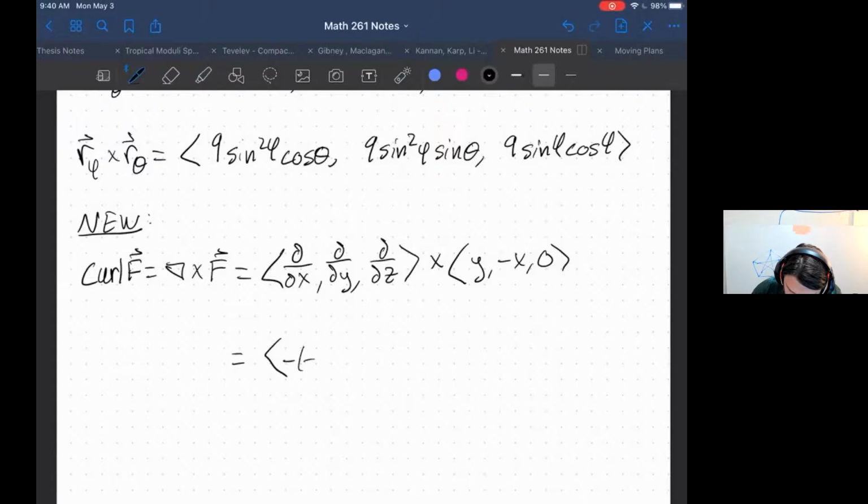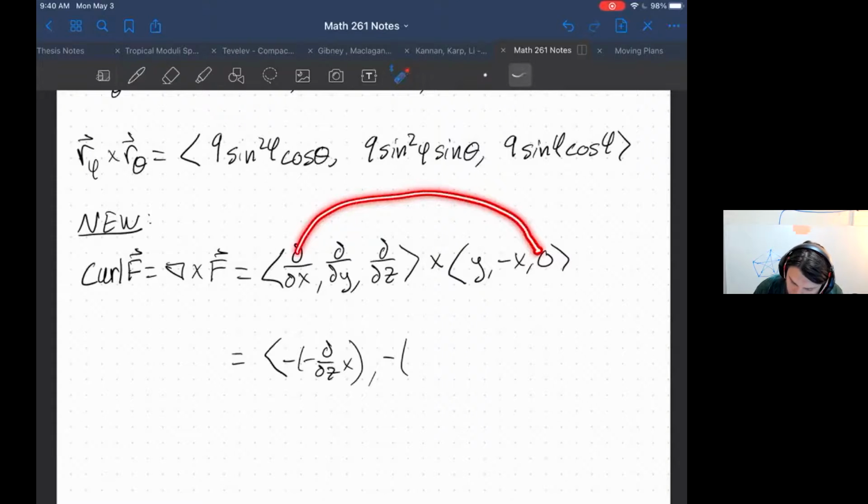So we get a negative del z of x. For the second component, we get a negative out in front. And then we'll have 0 minus del x del z.